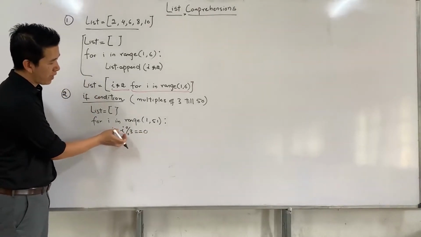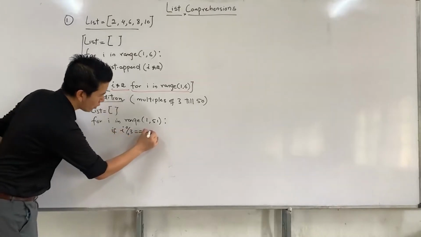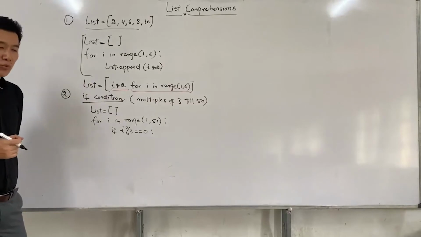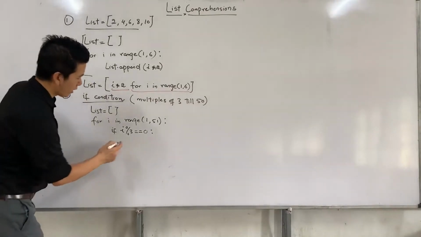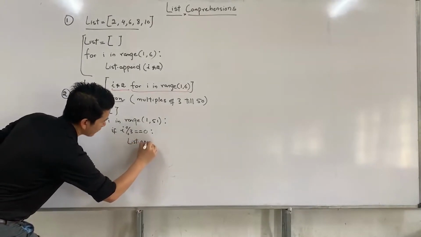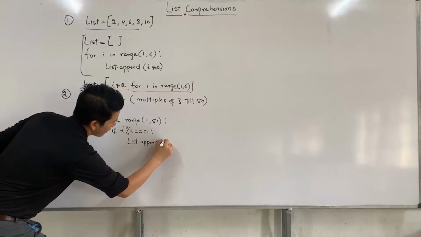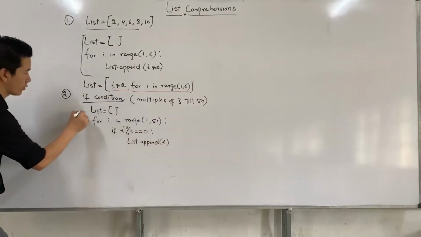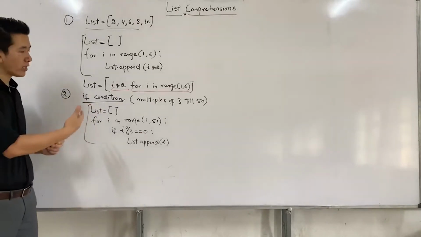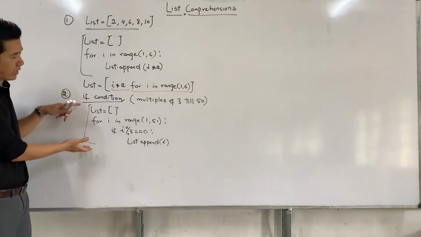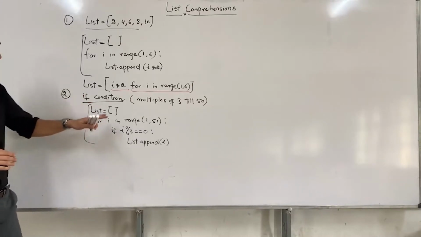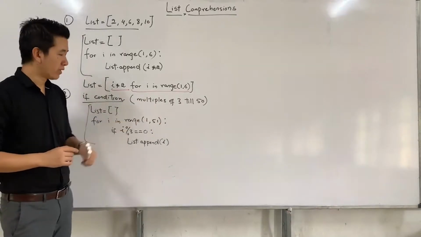Upon dividing i by 3, if the remainder is equal to 0, then the value of i is indeed a multiple of 3. This is something which you have learned already. So if the condition is true, I would like to append the value of i to the list. This is how I use the list creating for loop, creating a list in which the elements are nothing but the multiples of 3 till 50.